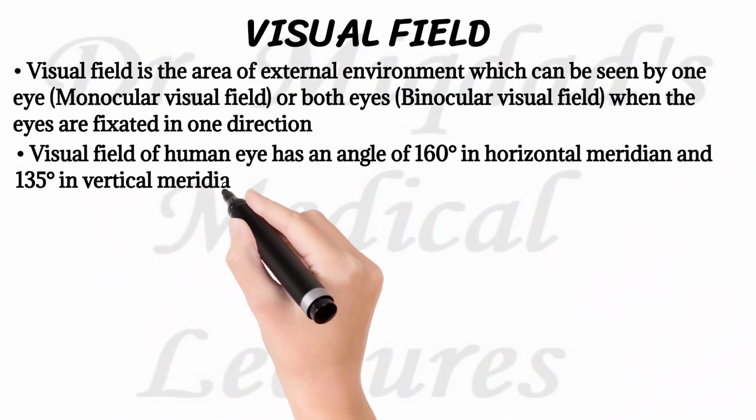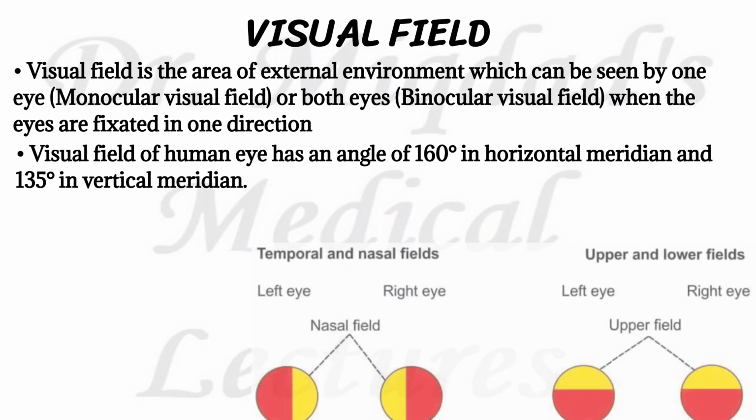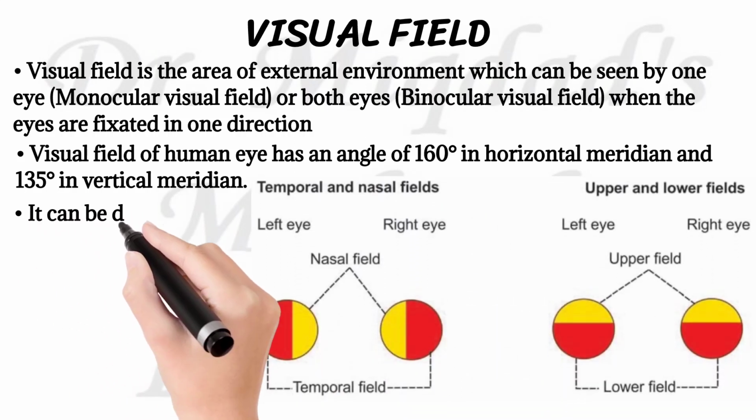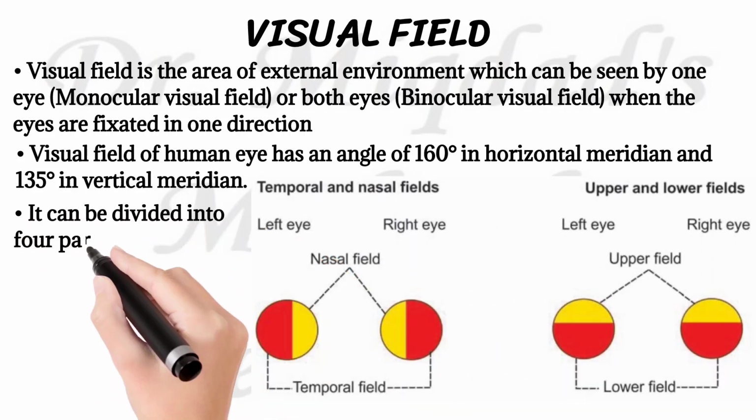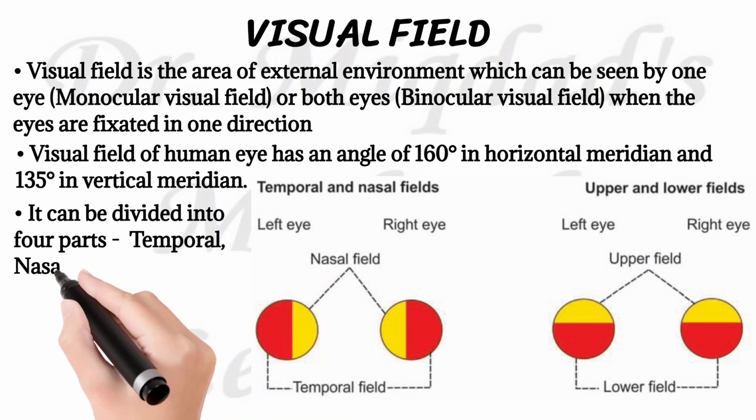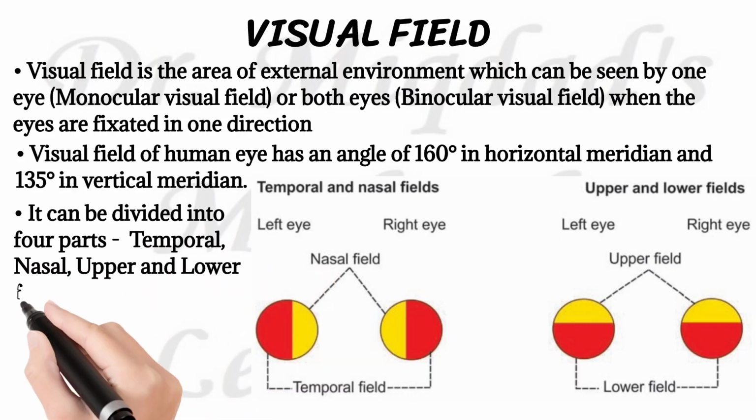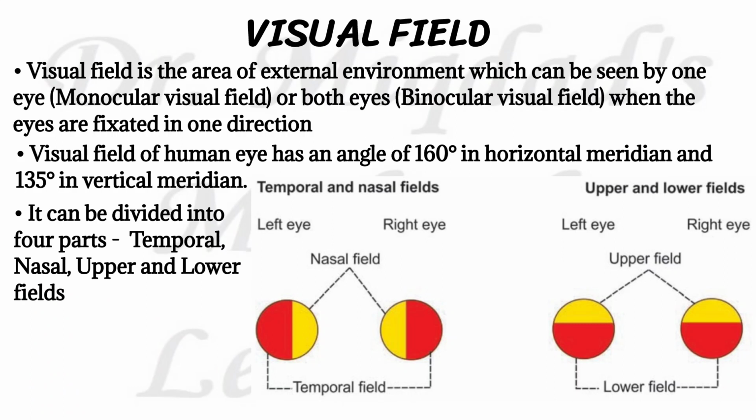Now the visual field is divided into four parts: temporal field, nasal field, upper field and lower field, as shown in the image here. The visual field of each eye is divided into two unequal parts by a vertical line passing through the fixation point.